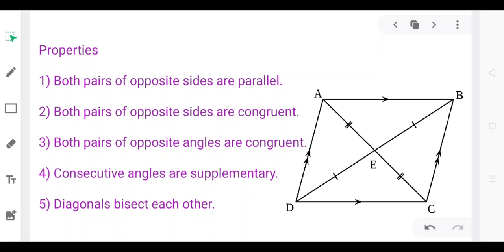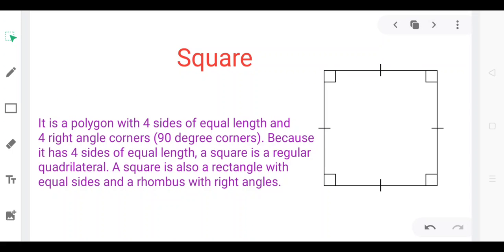So it means they are divided into two equal parts. So it means they are bisecting each other. That means they are making equal parts. So in this way you may define the properties of a parallelogram.